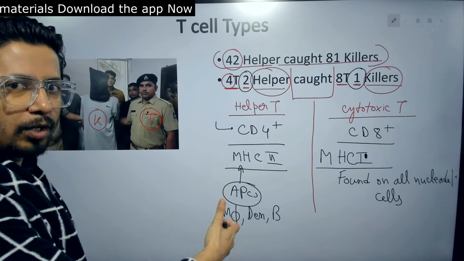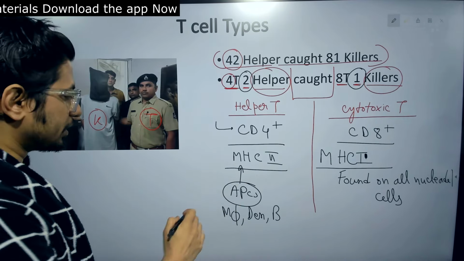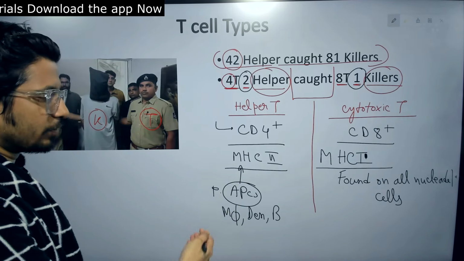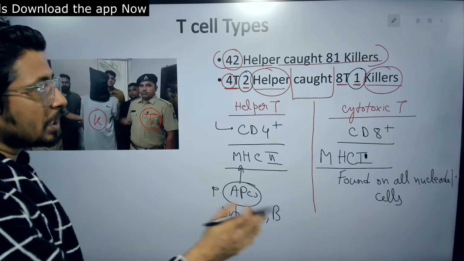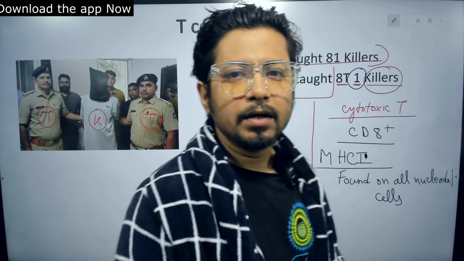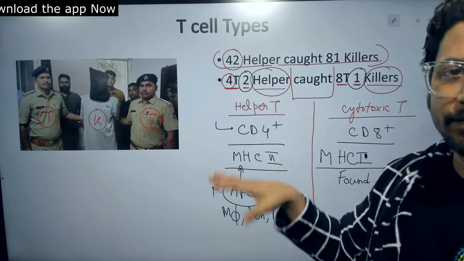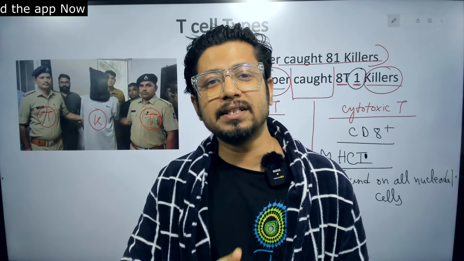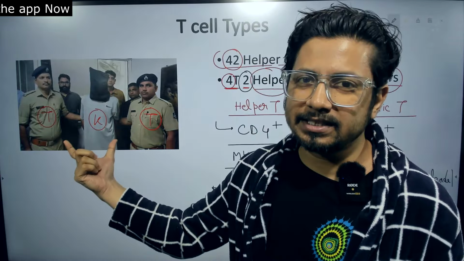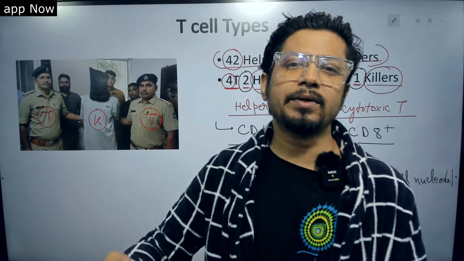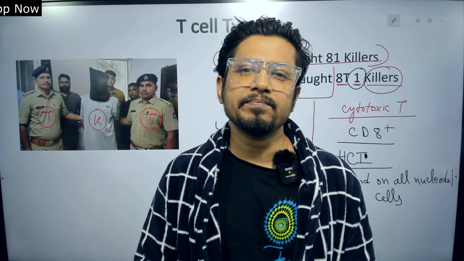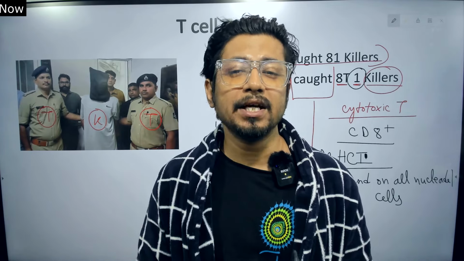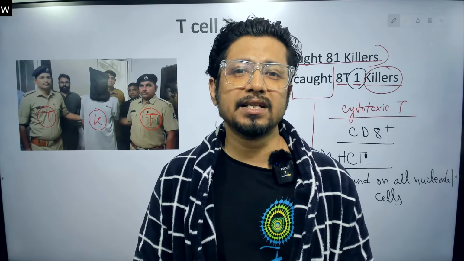MHC class 2 found on professional antigen presenting cells like macrophage, dendritic cells and B cells. All this information you got, not the last one, but the rest of the information, from this simple sentence. So remember this sentence and imagine this image in your head, and you can revise the cytotoxic T cell and helper T cell quite easily with the help of this mnemonic under 7 to 8 minutes.